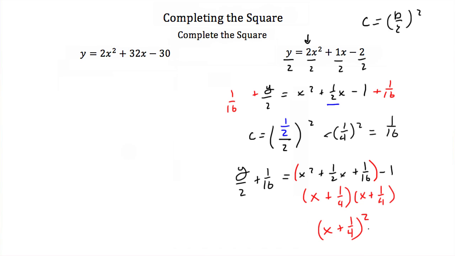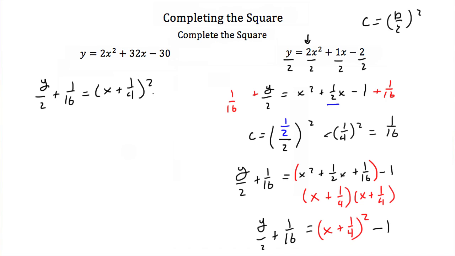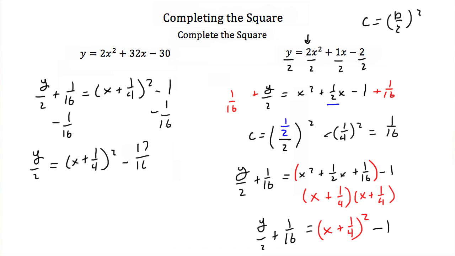And again, we subtract 1, and this is still equal to y over 2 plus 1/16. So if we have y over 2 plus 1/16 is equal to (x plus 1/4) squared minus 1, we would subtract 1/16 from both sides. That would get us y over 2 is equal to (x plus 1/4) squared minus 17/16.